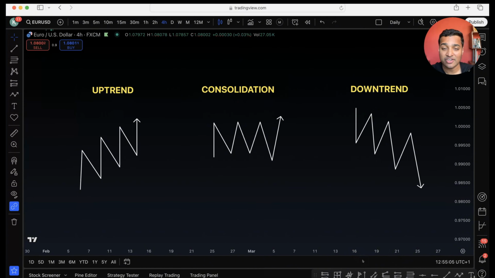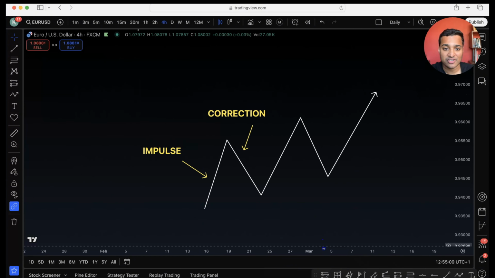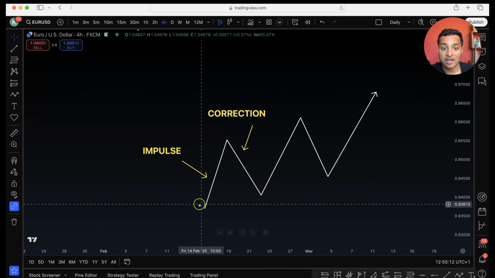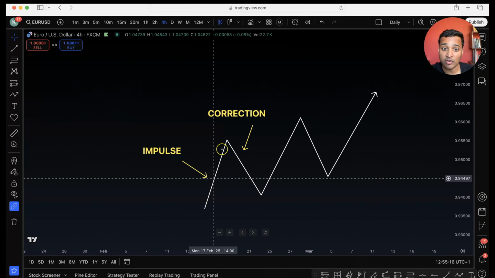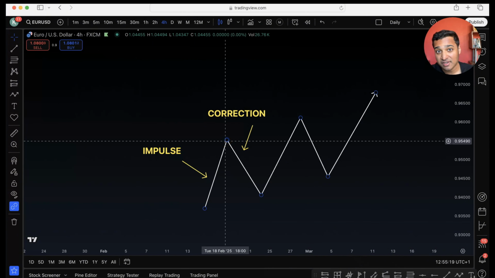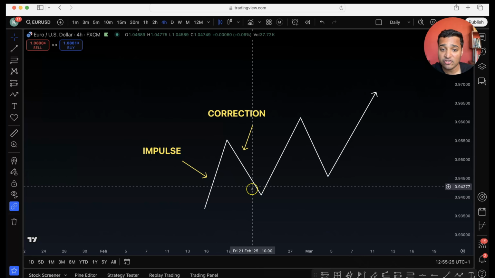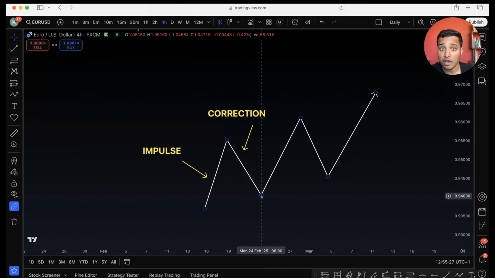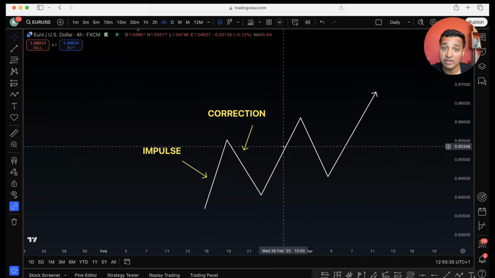And these trends consist of impulses and corrections. And during impulses, buyers step into the market, pushing price further up. And when buyers take profit, this leads to a pullback or a correction. And when price drops and reaches a more favorable price, buyers step in once again, pushing price further up, leading to another impulse.